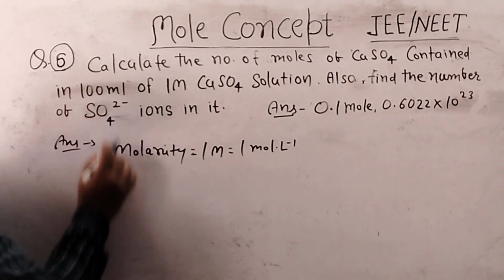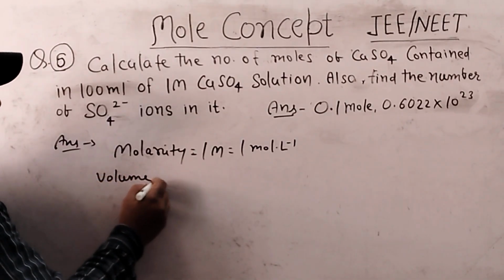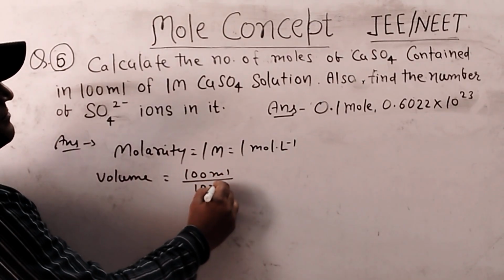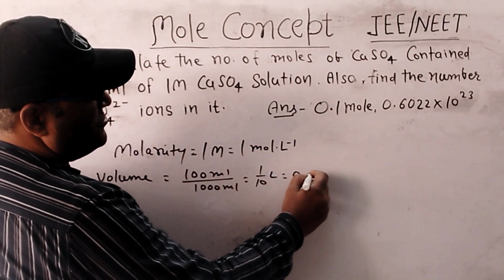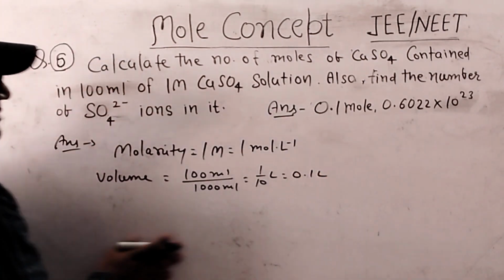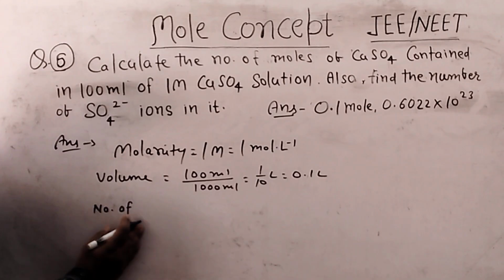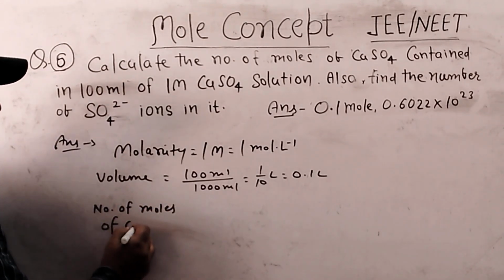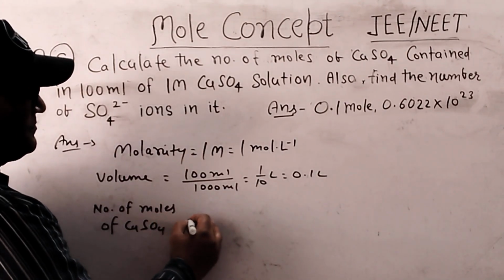Now the given volume is 100 ml. So volume in liters: 100 ml divided by 1000 ml to transform into liters, so 1 by 10 liter, so 0.1 liter is here. Now we can easily find the number of moles of CuSO4.